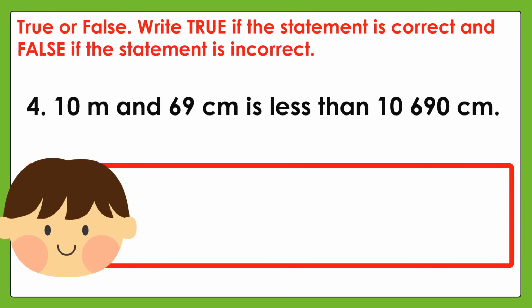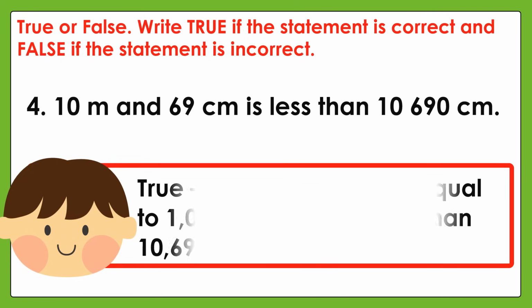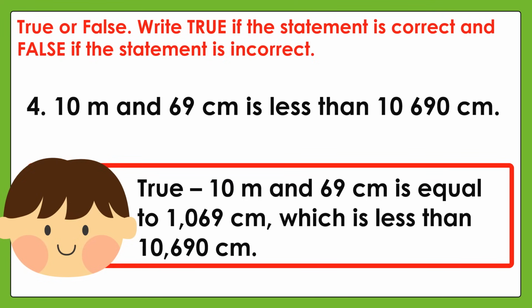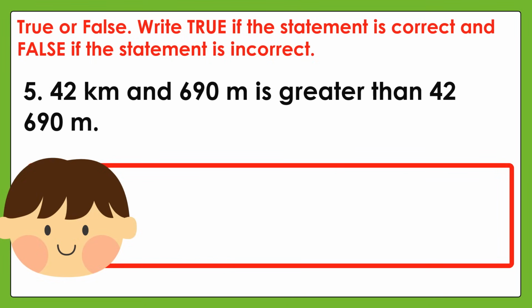Number 4, 10 meters and 69 centimeters is less than 10,690 centimeters. The answer is true. Number 5, 42 kilometers and 690 meters is greater than 42,690 meters.